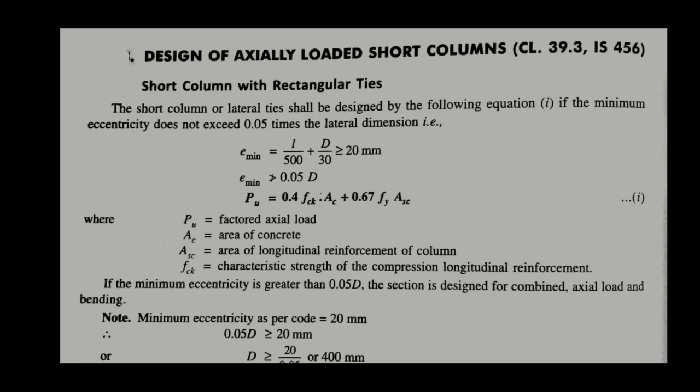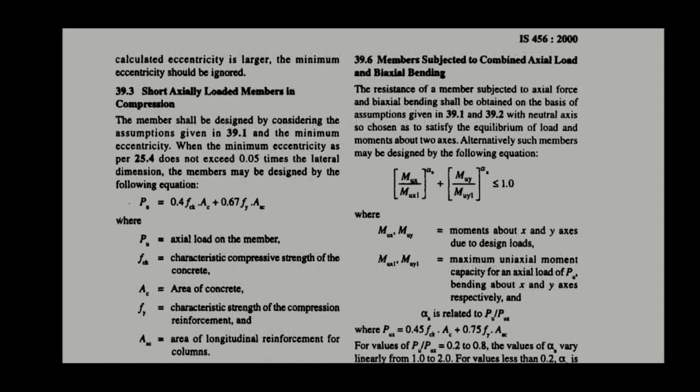After that, we will get back to this page and see this formulation, which is made on the basis of IS code assumptions. Okay. Let's check out IS 456 2000.